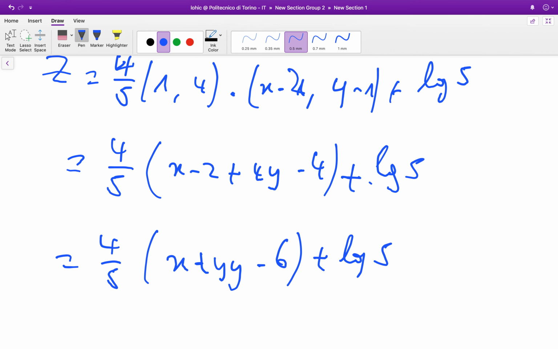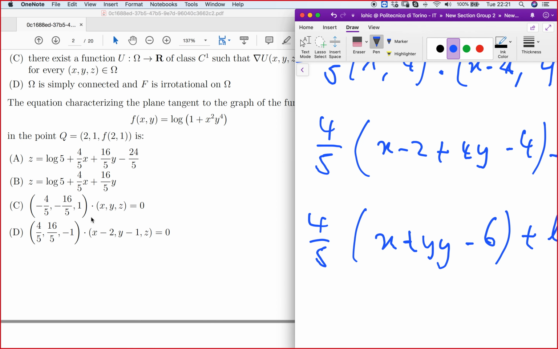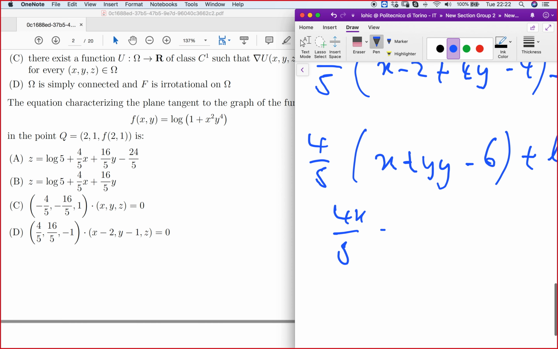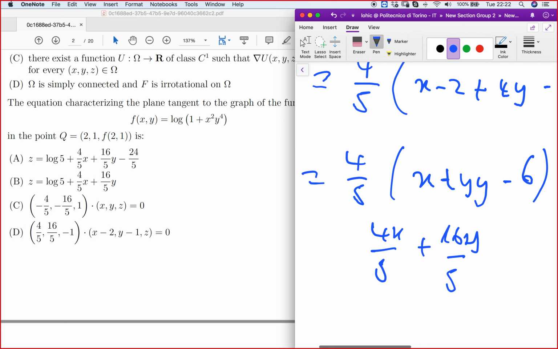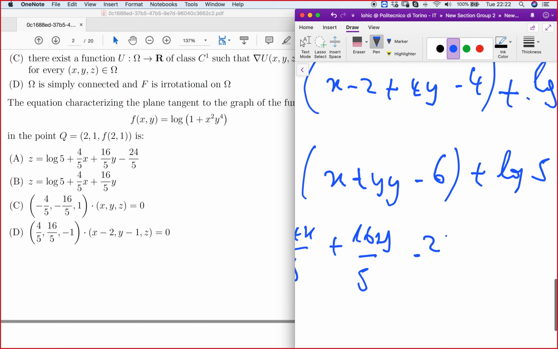Let's see if we have something already like this, or we need to develop more. We probably need to develop more. Developing gives 4x over 5, plus 16y over 5, minus 24 over 5, plus log of 5.